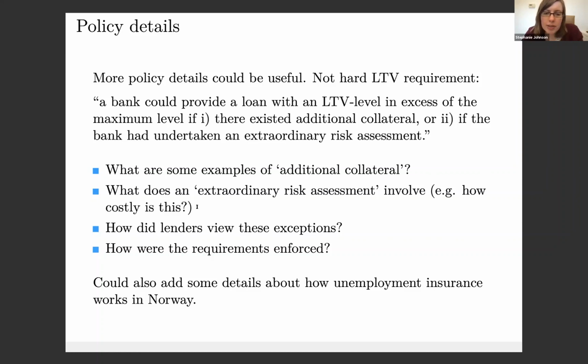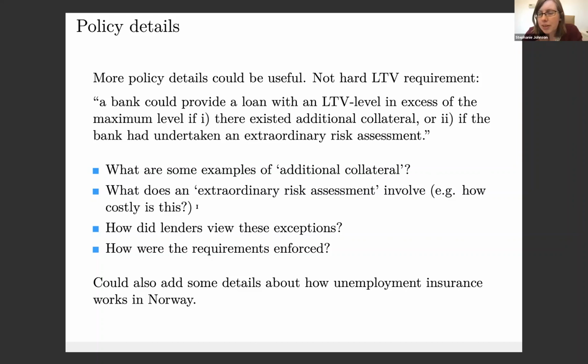For instance, is the extraordinary risk assessment something that can in principle be conducted for everyone, it's just that it's costly to do so, and that could be accounted for in a higher interest rate? Or are there only certain households who will successfully be able to qualify under this extraordinary risk assessment? In general, how did lenders view these exceptions?